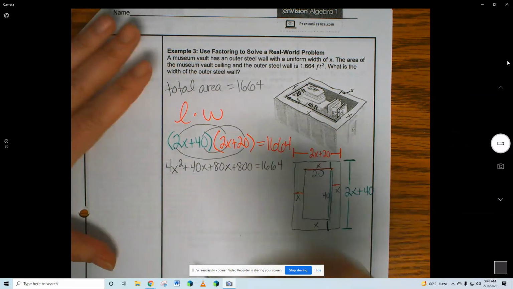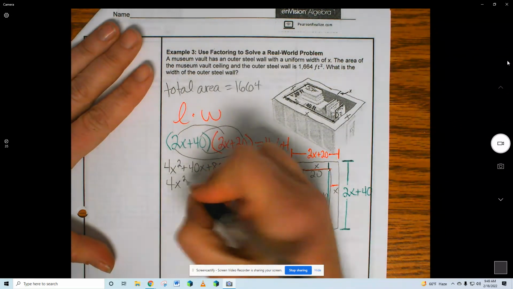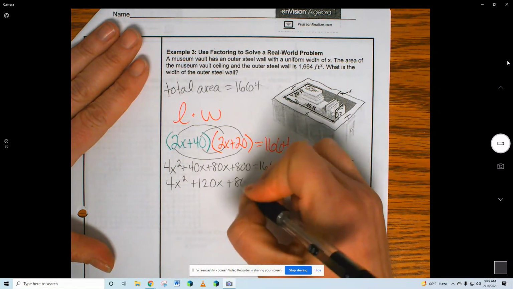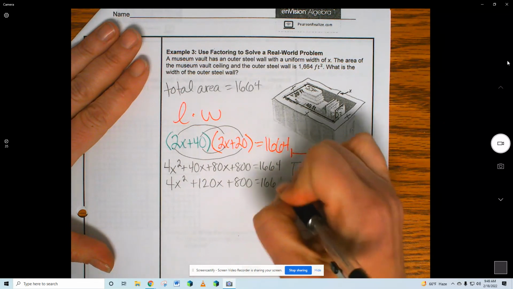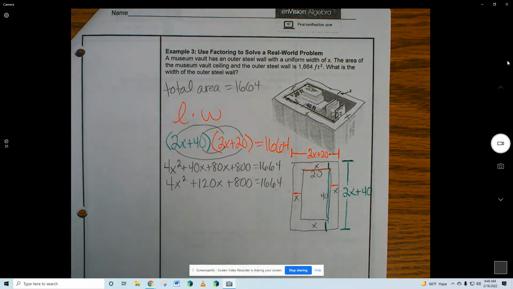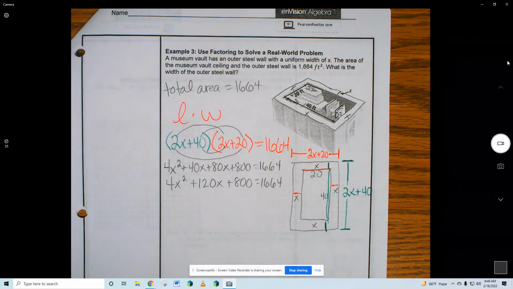Combine like terms. That would be my 40X and my 80X. 40 plus 80. So I combine like terms. So I did length times width, and then I have to get the 1664 over. It's not ready for the factor yet.